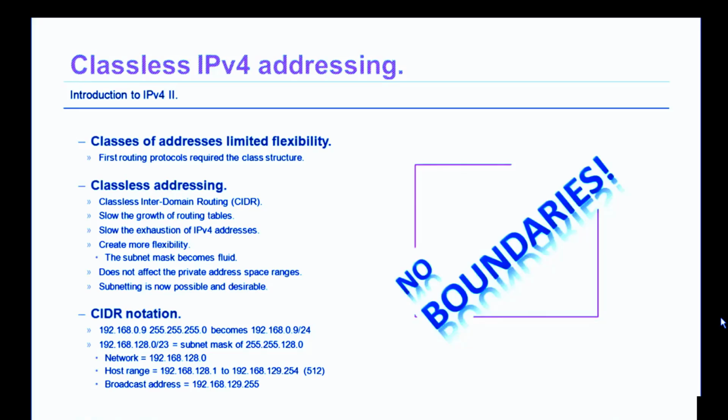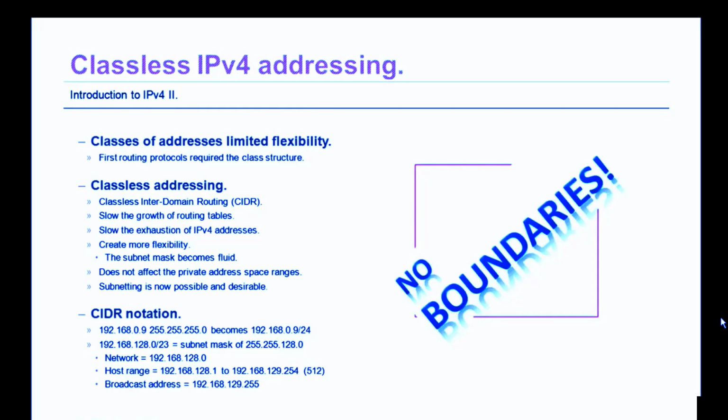We can take it and we can make it a 192.168.128.0/23. And what that really represents, that /23, is a subnet mask of 255.255.254.0. And that gives us a network of 192.168.128.0, which actually gives us a host range of 192.168.128.1 through 192.168.129.254.